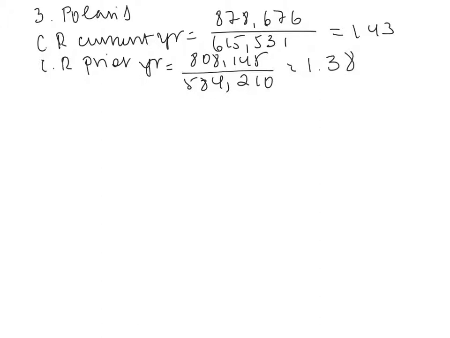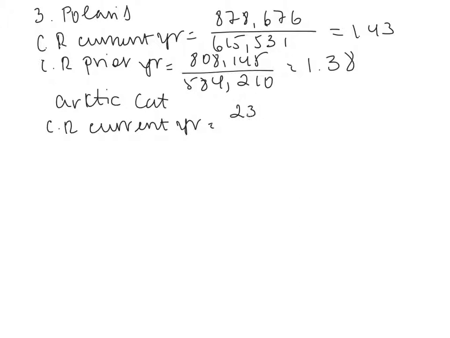We will determine the same current ratios for Arctic Cat. The current ratio for current year for Arctic Cat is $232,040 in current assets divided by current liabilities of 87,444.